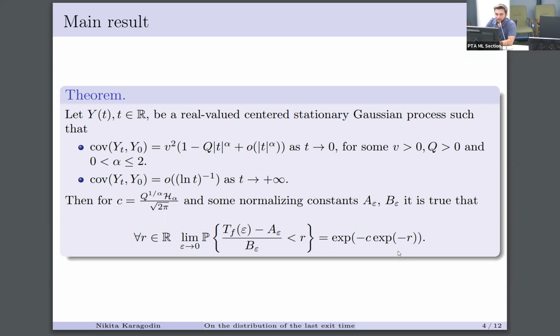I'd also like to add a note that this double exponential distribution seems like it depends on C, but the dependence is really small because you can put it as a logarithm in the exponent. And this is basically a shift of the argument. So all of the distributions differ just by shifting your axis.